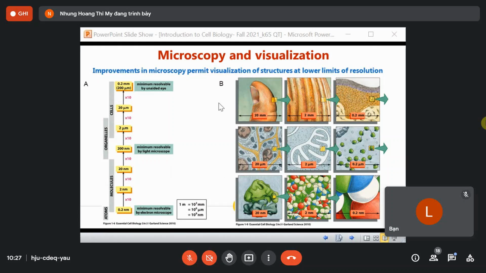So by looking at this slide, with your naked eye you can recognize about the millimeter scale. The smallest is about 0.1 or 0.2 millimeter by the naked eye, and below this distance you cannot recognize, right?